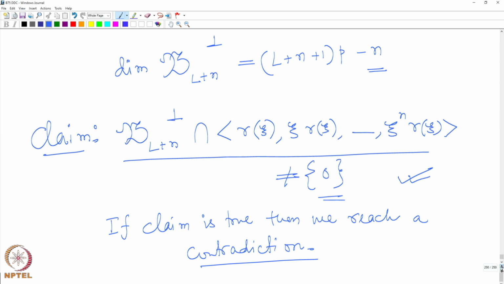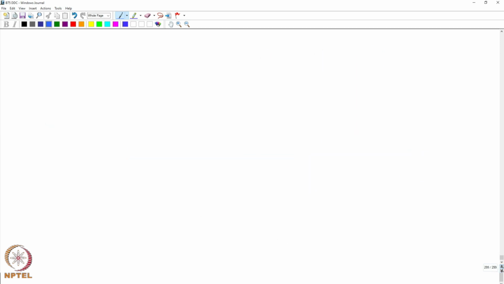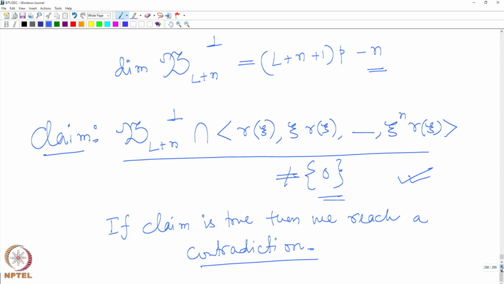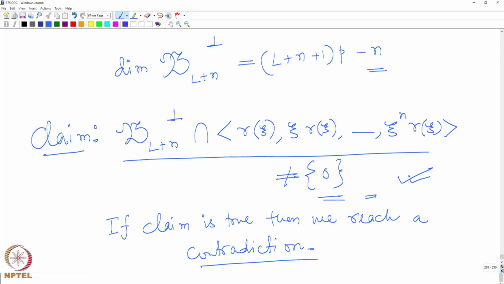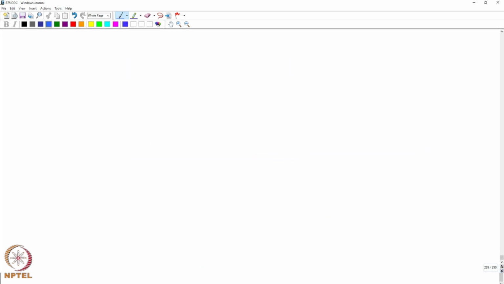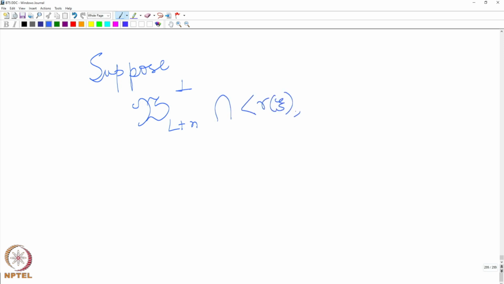Okay. Now, if the claim was not true, suppose there was no intersection between the two. Suppose B L plus N perp intersection the span of R xi, xi R xi, dot dot dot, xi to the power n R xi is equal to 0.